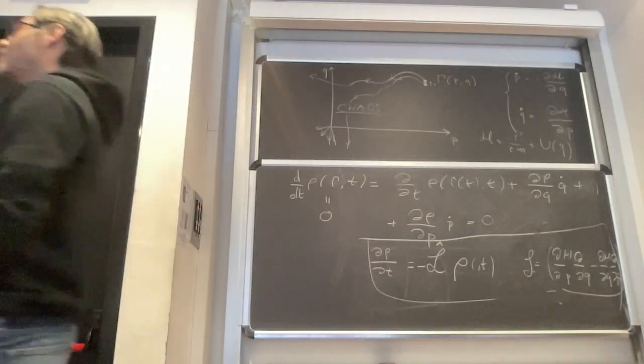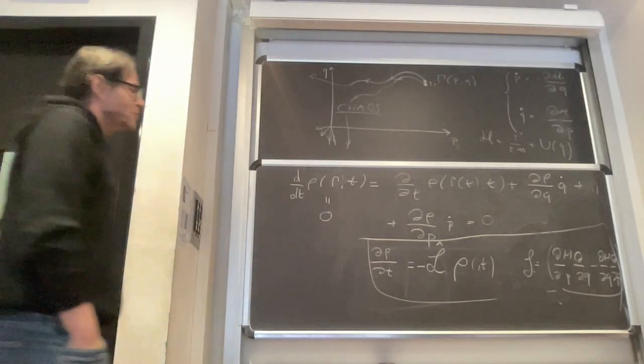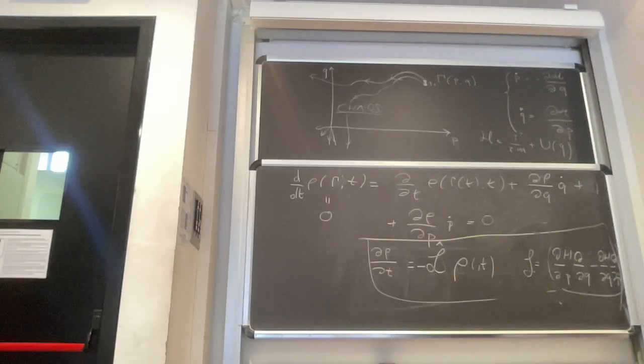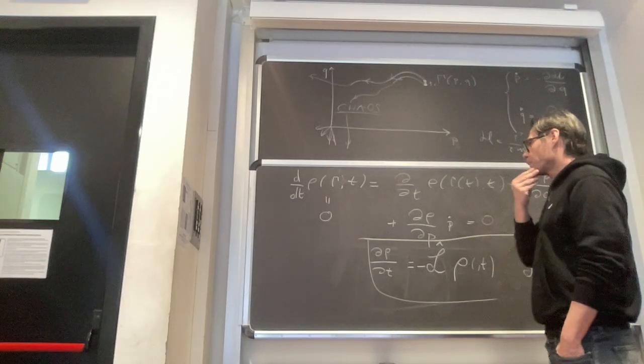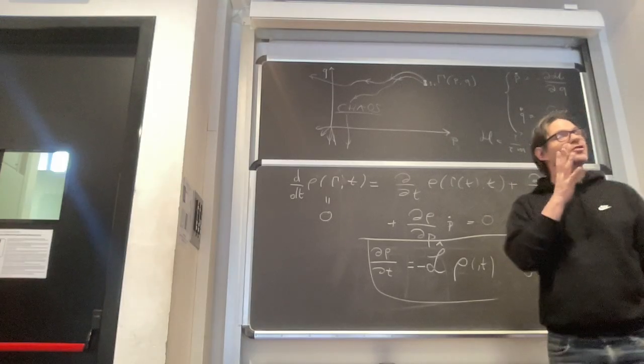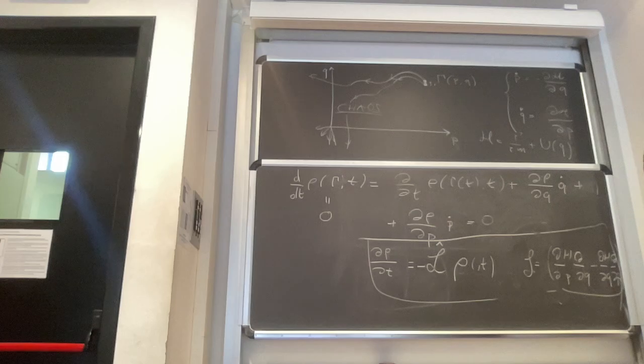Okay, so now, with all this in mind, what about the ergodic assumption? Now we are ready, because the ergodic assumption now can be given a better mathematical definition, not strict, but better, and it's the following.